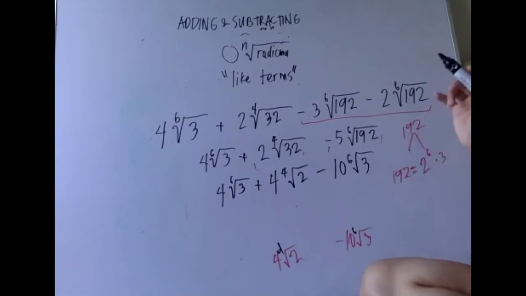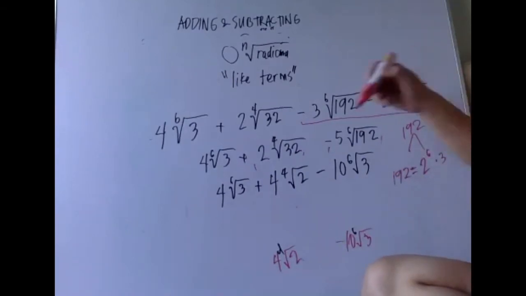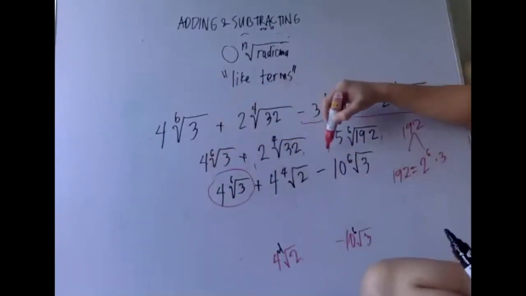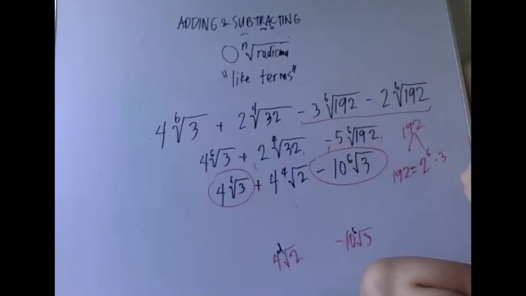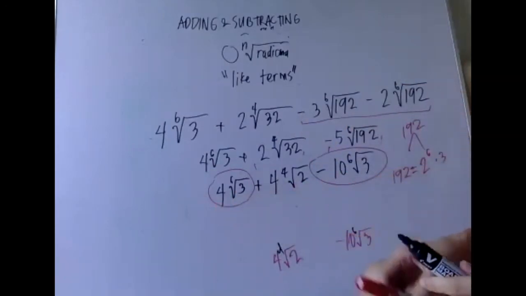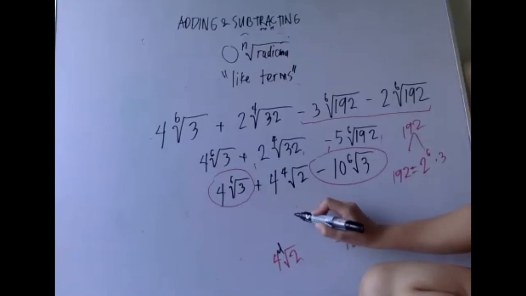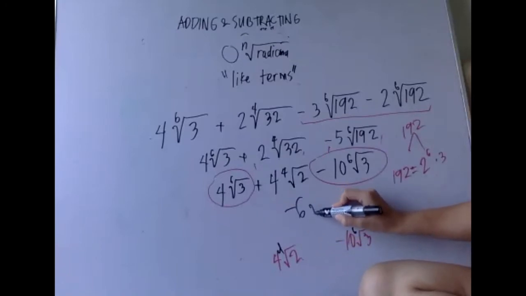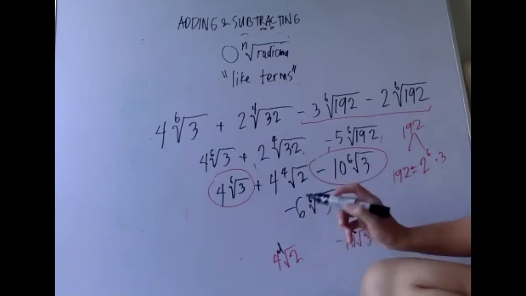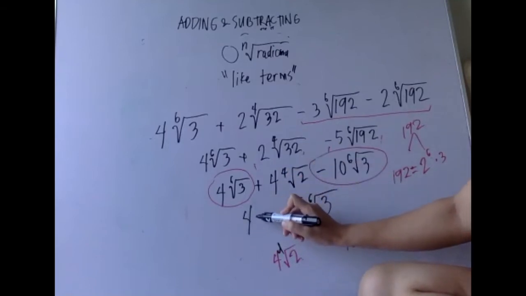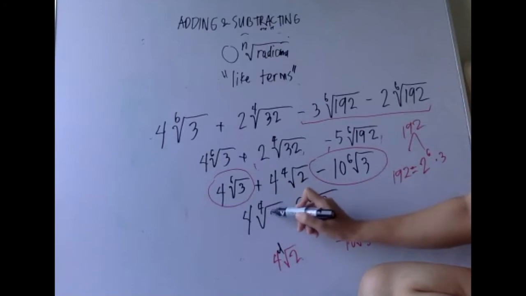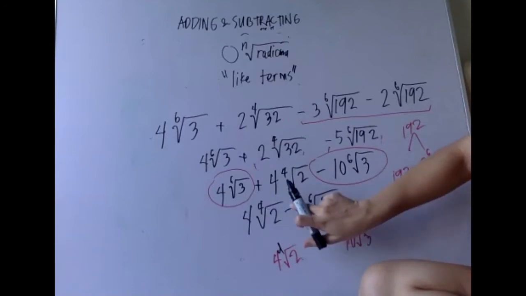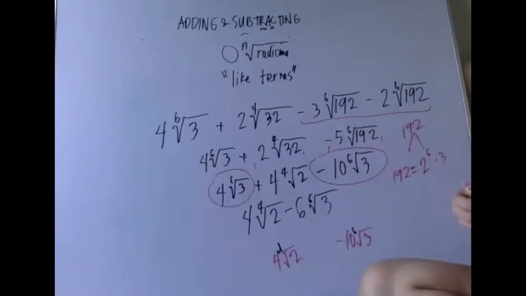Okay? So, ano mga pwede natin ipagsama? Ito yung quote-and-quote like terms. So, 4 minus 10, that's equal to negative 6 6th root of 3. And then ito, simplified na yan, 4 4th root of 2. Okay? Ito yung final answer natin.